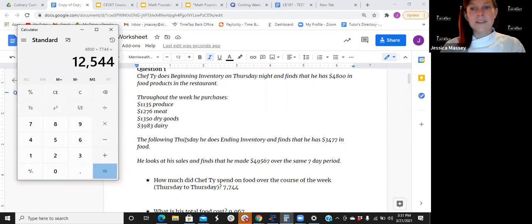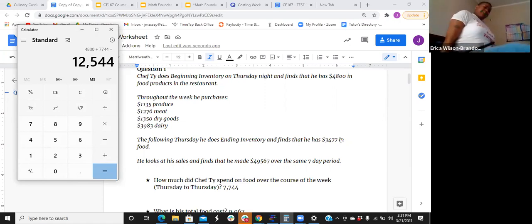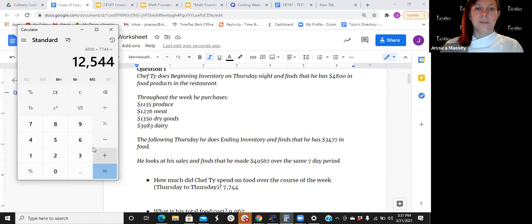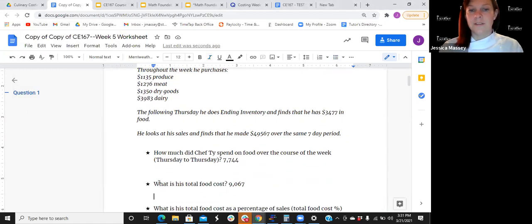Then you subtract your ending inventory, because that ending inventory you still have in your pantry to use the next week. So you can't factor that in as your total food cost because it's still food you have. The following Thursday he finds he has 3,477 left. So you subtract that, and you end up with 9,067. And that is the total food cost, or how much he spent on food throughout the week.